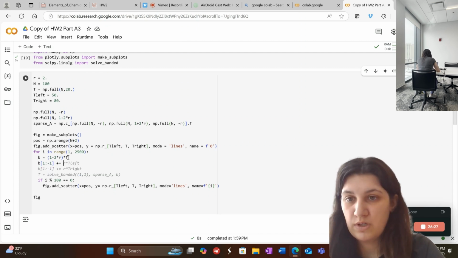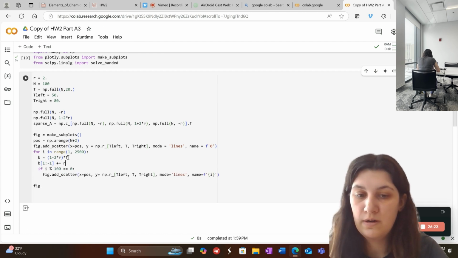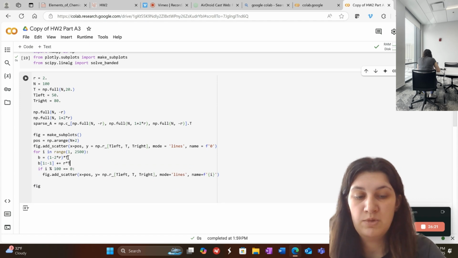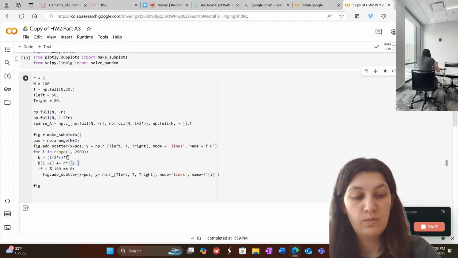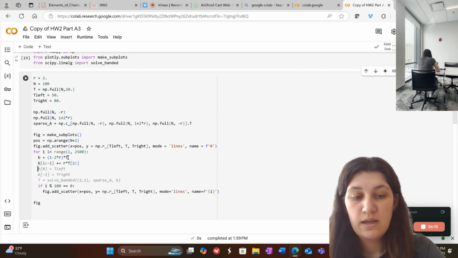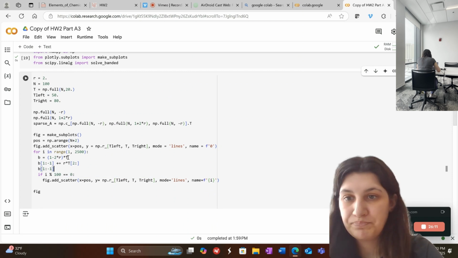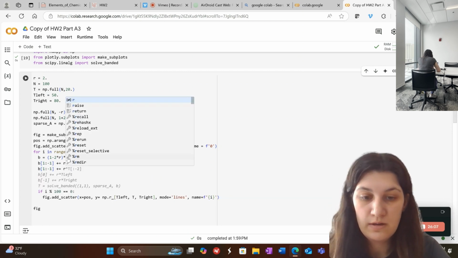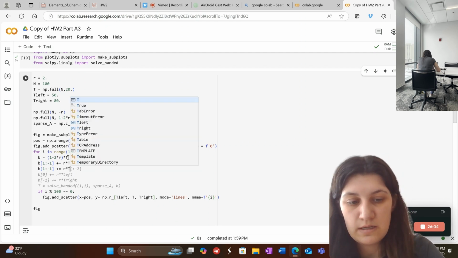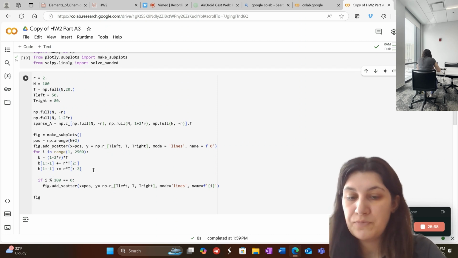We're going to add on r times the temperatures to the right. So that's our second one all the way through to the end. And we also need to add on our temperature to the left, so r times T, that very first one, through to the second to last value.